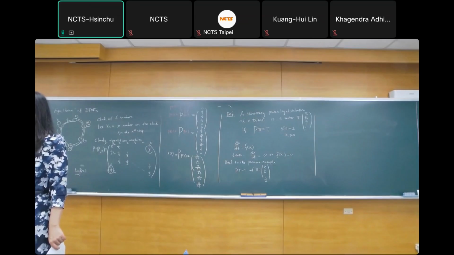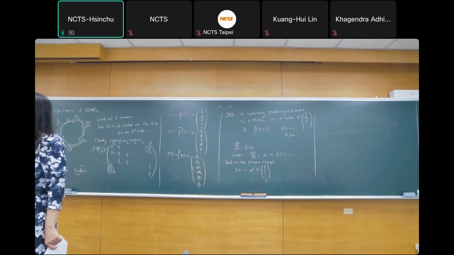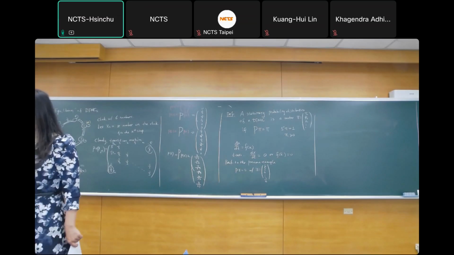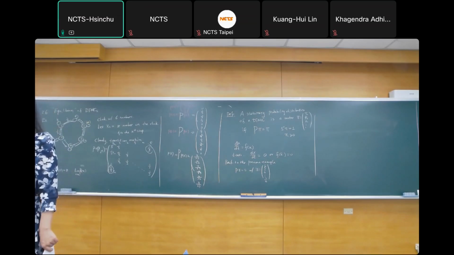May not be unique. Let me give you a trivial example. Suppose the transition matrix is the identity matrix. How many stationary distributions can you have? Exactly. Suppose P is finite state, otherwise it goes to countably many. Let's say states 0 to n minus 1, so you have n states.